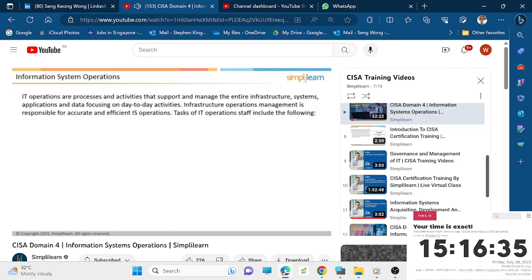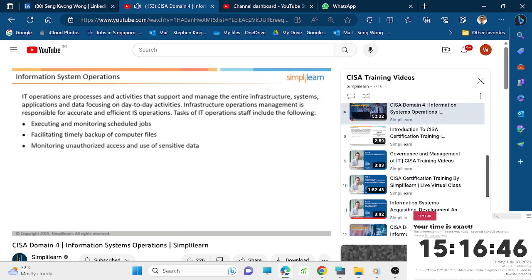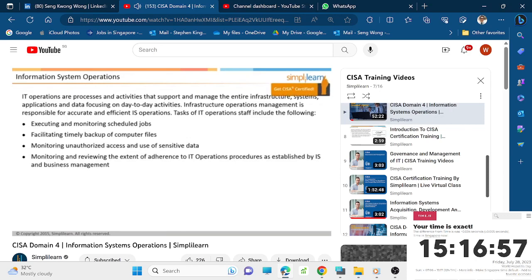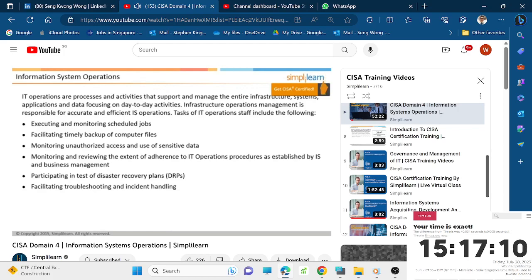The tasks of IT operations staff include executing and monitoring scheduled jobs, facilitating timely backup of computer files, monitoring unauthorized access and use of sensitive data, and monitoring and reviewing the extent of adherence to IT operations procedures as established by IS and business management, participating in tests of disaster recovery plans, DRPs, and facilitating troubleshooting and incident handling. We shall continue with information system operations in the following screen.